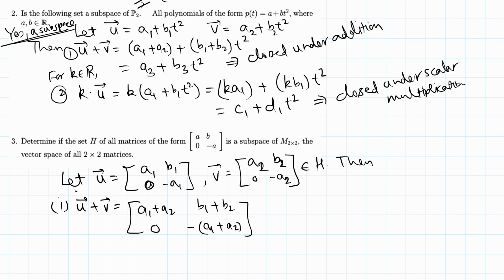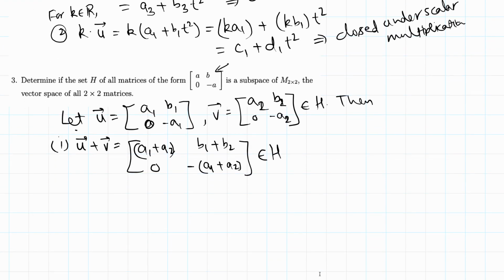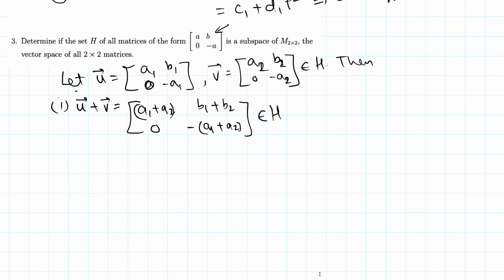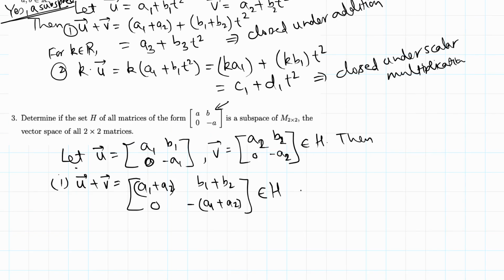When these are from this structure, A and negative of that. That means this is in this collection H. That means H is closed under addition, which implies H is closed under vector addition.